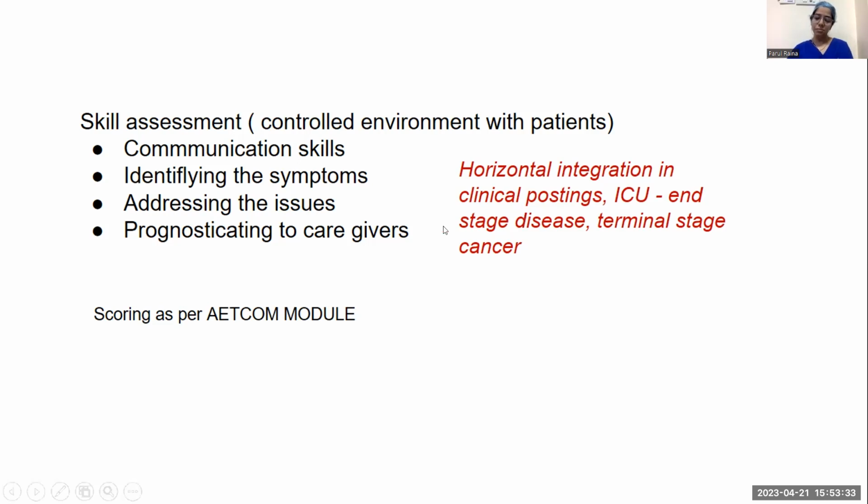We have also been discussing in the room that we will be providing them with checklists, noting patient pain, anxiety, nausea, constipation, and harm. That will be done 4 hourly, followed by how they will prognosticate to the family and how they will sensitize the family regarding the concerns. The scoring will be as per the EdCom module.